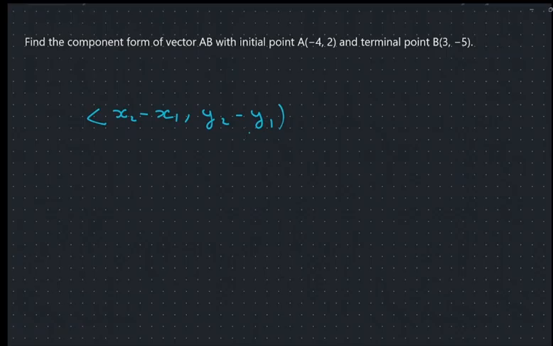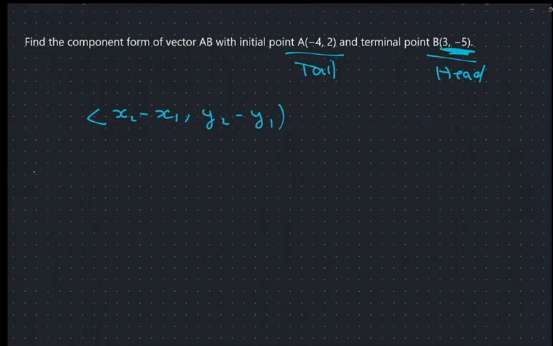The terminal point basically means the head or the tip, and the initial point means the tail. We know that the head is always x2 and y2.